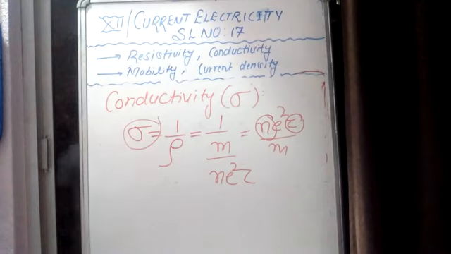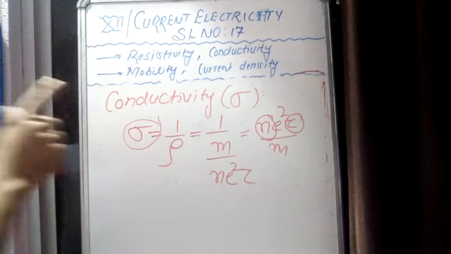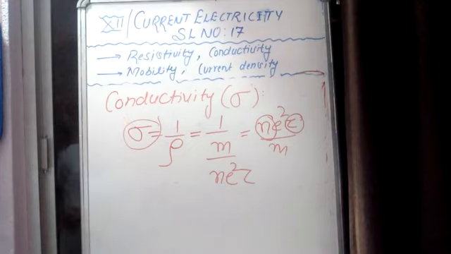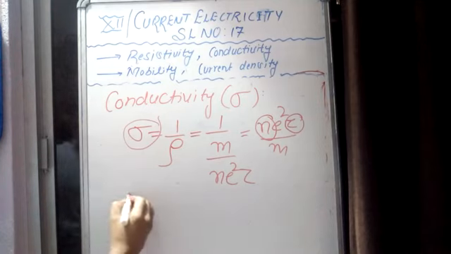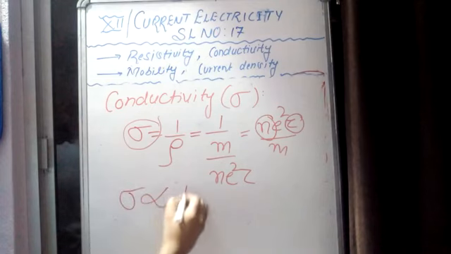That's why we can say that conductivity also depends on temperature. For metals, the conductivity is inversely proportional to temperature. Very simple.